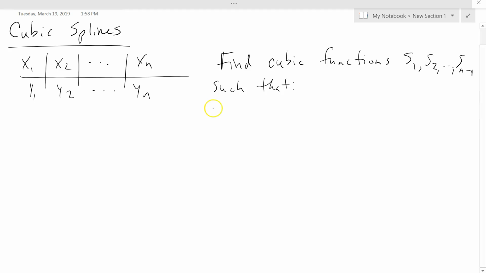So we want to make sure that when I look at Si of xi plus 1, the right endpoint of the ith cubic function, it matches the left endpoint of the i plus first cubic function. And this will be for i equals 1, 2, up to n minus 1.